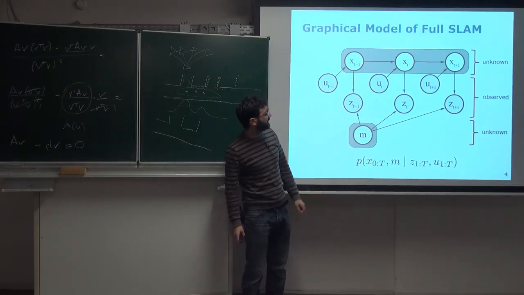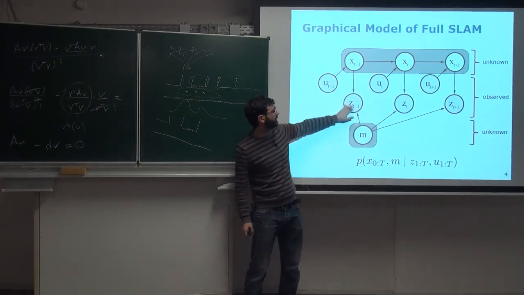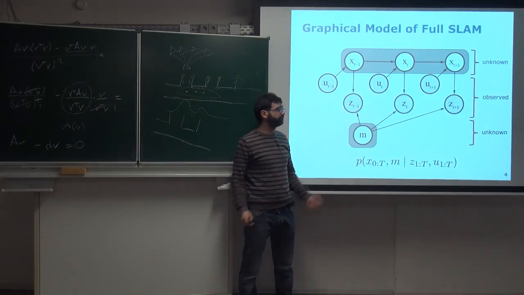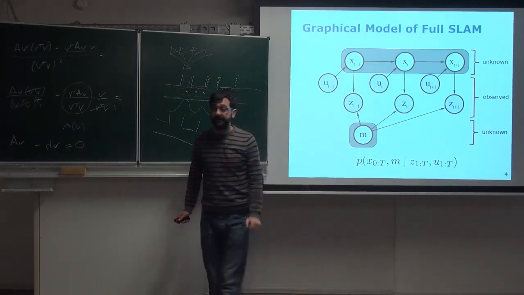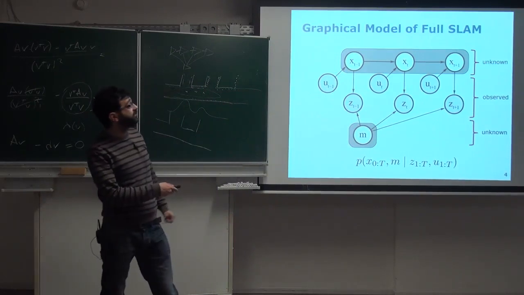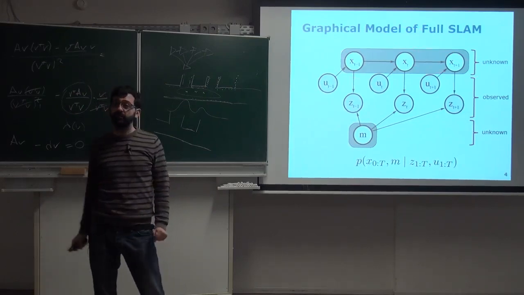So we have a part which is observed, which is the odometry and the measurements of the outside world, and there's a part which is unknown. Okay, and we have seen what's called the full SLAM, where we have an unknown here, and we want to estimate the full unknown part on the robot trajectory.